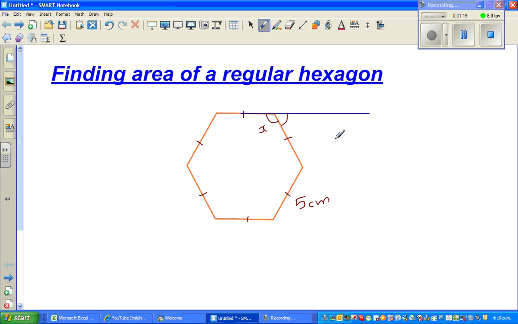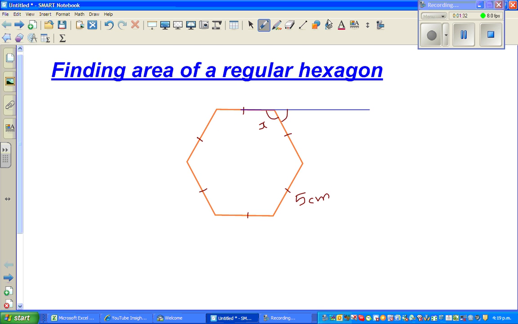If you watched one of my other videos, I have proved that the sum of exterior angles of any polygon is always 360. This is a very important rule.